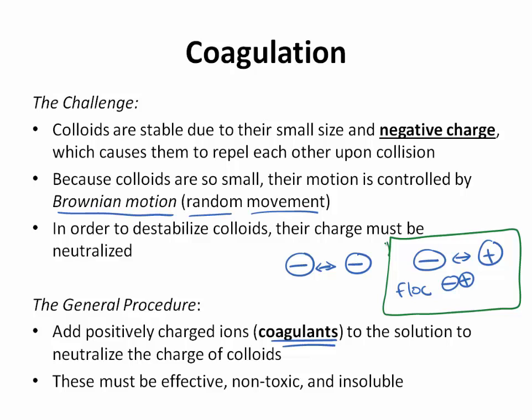The chemicals we add, because coagulants are chemicals, must be effective at neutralizing charge, non-toxic because we're adding them to our drinking water, and insoluble. The purpose of this is so that the coagulants can be removed.